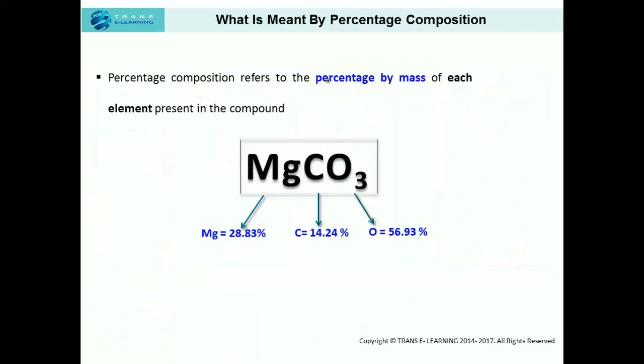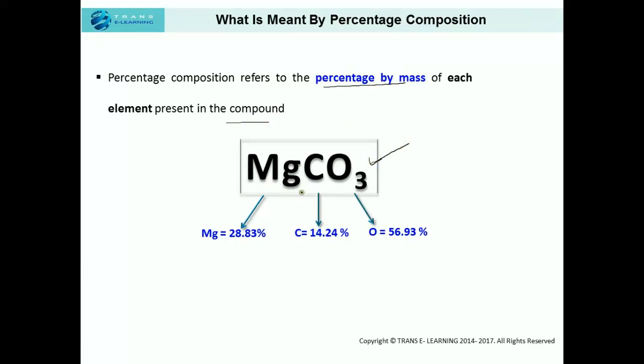Percentage composition refers to the percentage by mass of each element present in the compound. What I'm trying to say is, if we consider this example, magnesium carbonate, then what percentage by mass of each element is present in the whole compound? The whole compound is magnesium carbonate.